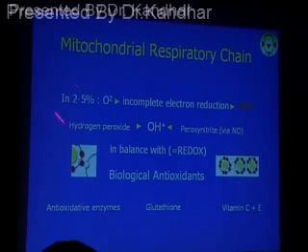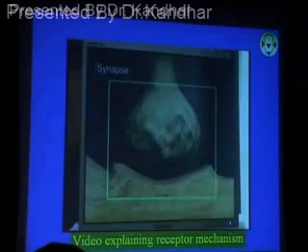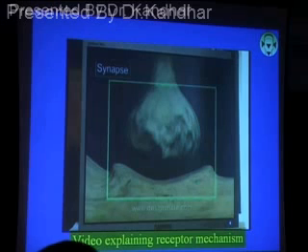So this is just to demonstrate how a free radical picks up a free electron from the outermost orbit and creates such reactive oxygen species, which is dangerous for the body as a whole. Now this is the whole concept of a synapse in the cochlea and how it is damaged, and this is a small video which will clear the whole idea of this.